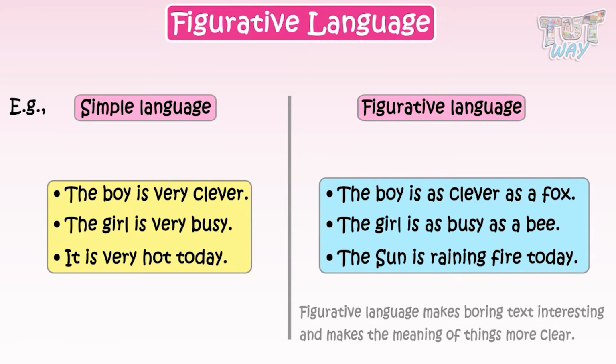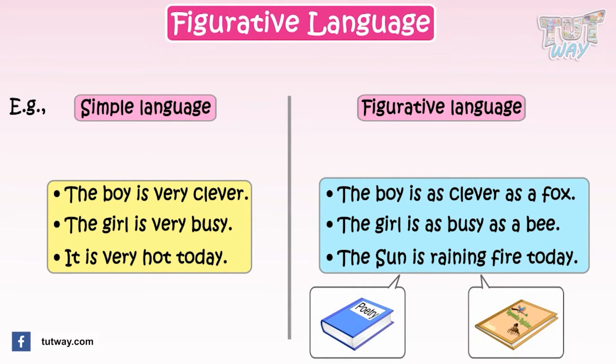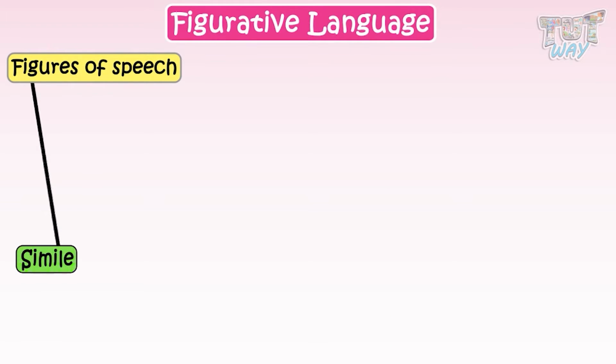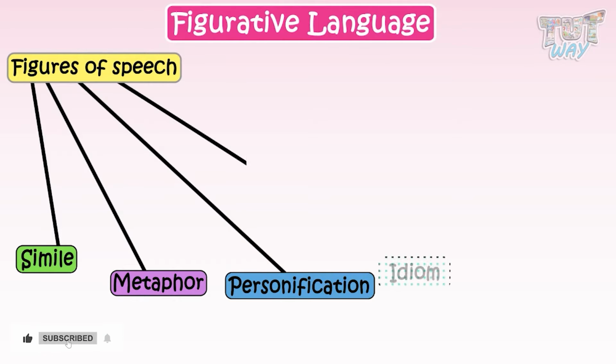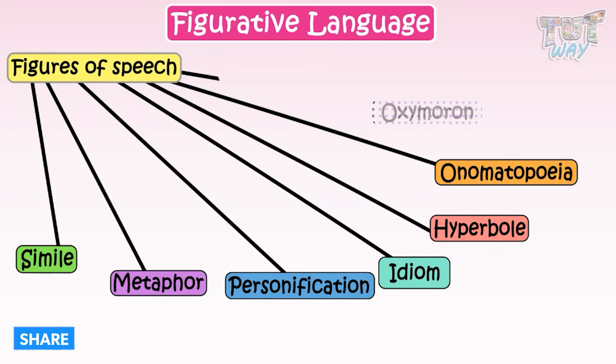For this reason, figurative language is very often used in poetry and novels, which make them interesting to read. Now we will learn some figures of speech which consist of figurative language, and these are simile, metaphor, personification, idiom, hyperbole, onomatopoeia, oxymoron.